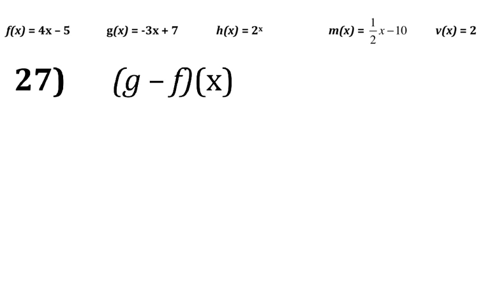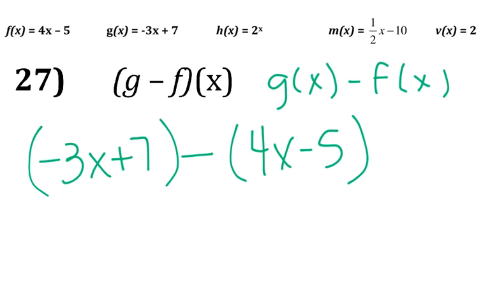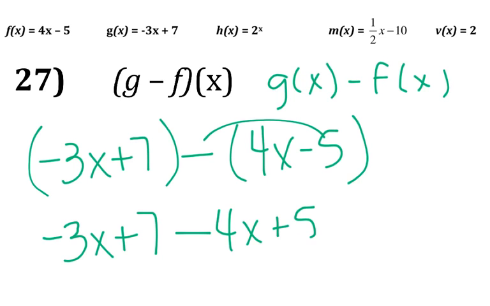Okay, 27, g minus f of x. So that's g of x minus f of x. So I'm going to take g of x, and I'm going to subtract f of x. So I'm going to take -3x plus 7, and I'm going to subtract 4x, and I'm going to subtract a -5.